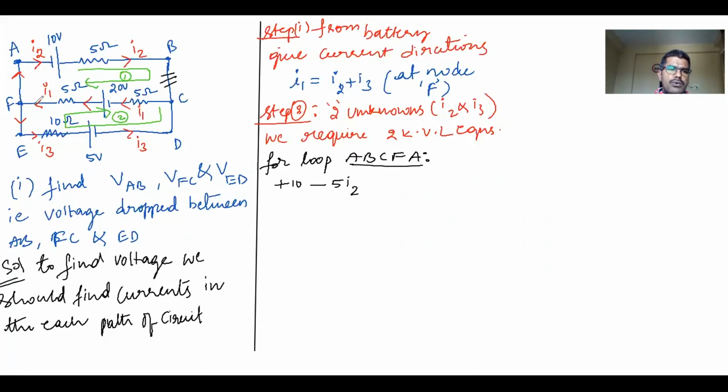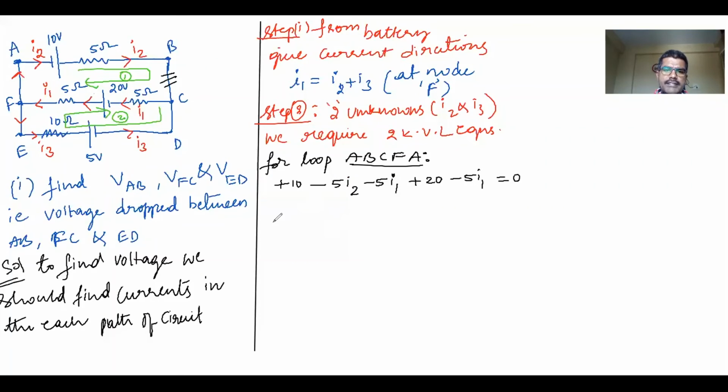And from C to F, you are going through a resistor of 5 ohm in which current I1 goes. It is minus 5 I1. From the 20 volt battery, you are going from negative to positive terminal, so it is plus 20 volt. Next, again in this 5 ohm resistor, you are going in the same direction, so it is minus 5 I1 is equal to 0.